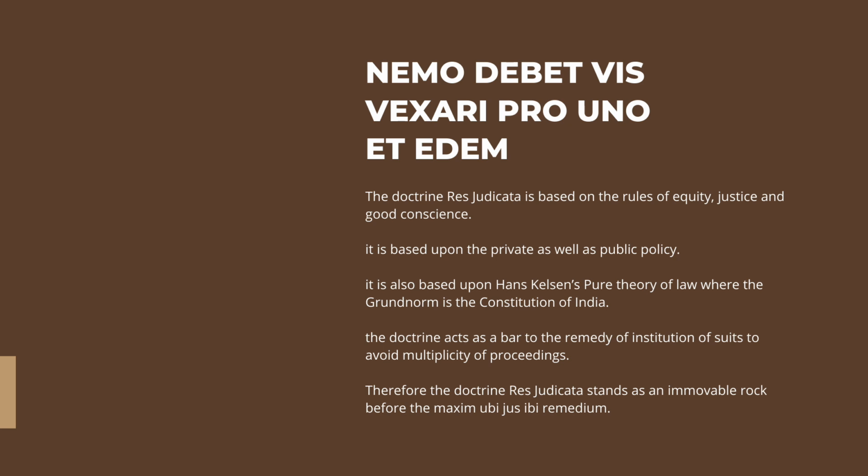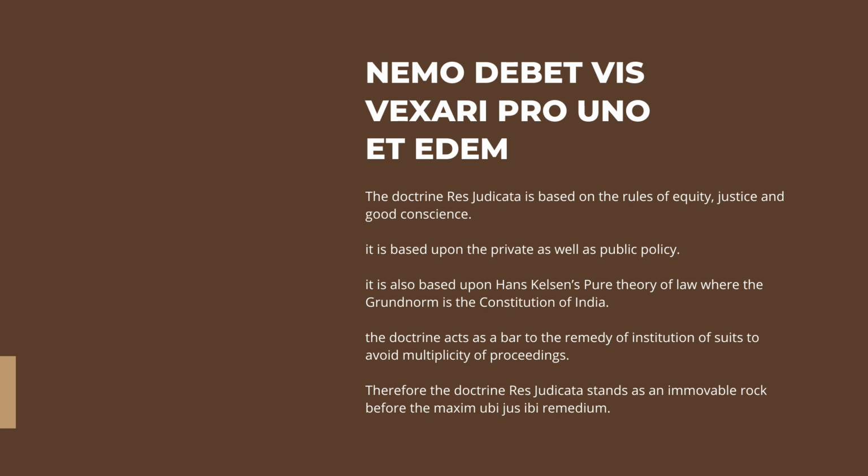It also draws its jurisprudential essence from Hans Kelsen's Pure Theory of Law and the concept of Grundnorm, where the Grundnorm is the Constitution of India itself. It is also based on the rules of equity, justice, and good conscience, and it is also based upon private as well as public policy.